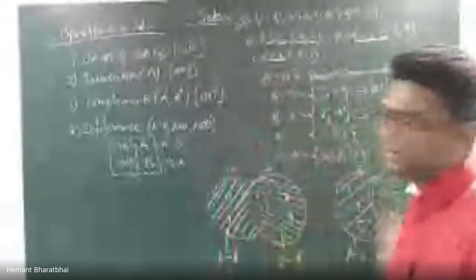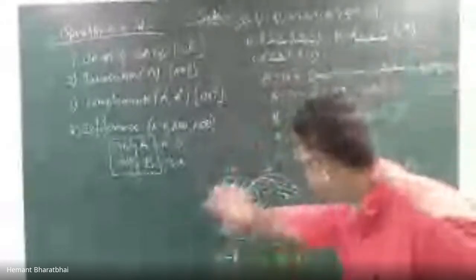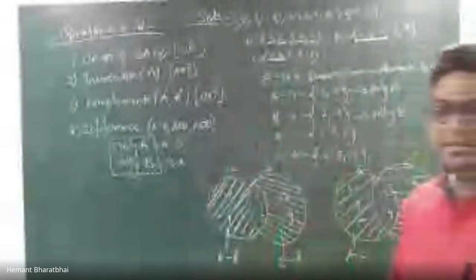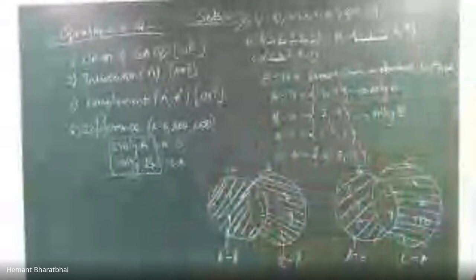If it's intersection, only this portion will be shaded. If it's union, the entire region will be shaded. If it's difference, you have to remove the intersection and whatever remains is shaded. So you bring any sets inside, the Venn diagram is not going to change at any cost.